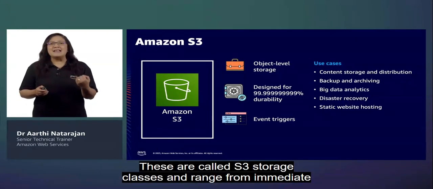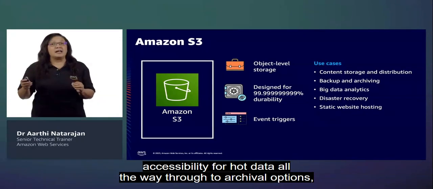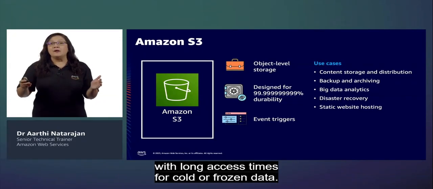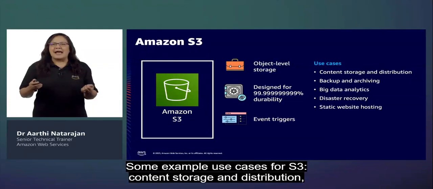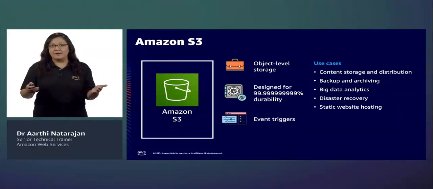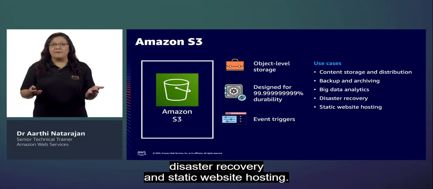These are called S3 storage classes and range from immediate accessibility for hot data all the way through to archival options with long access times for cold or frozen data. Some example use cases for S3: content storage and distribution, backup and archival, storage for big data and analytics, disaster recovery, and static website hosting.